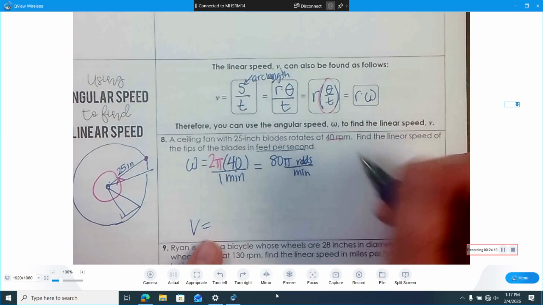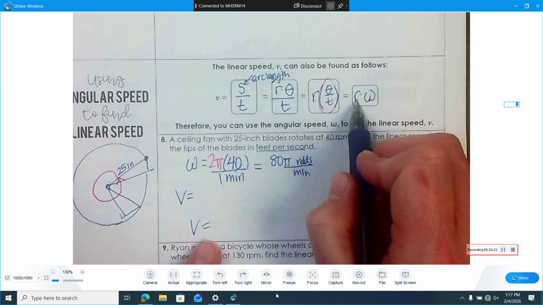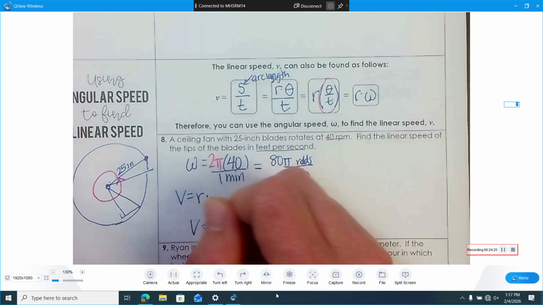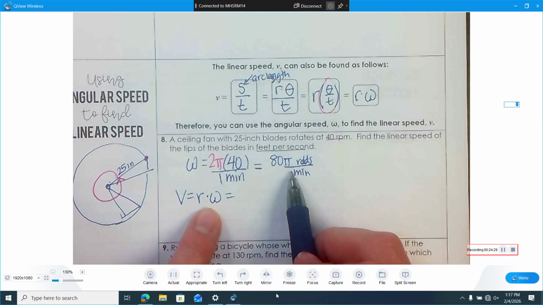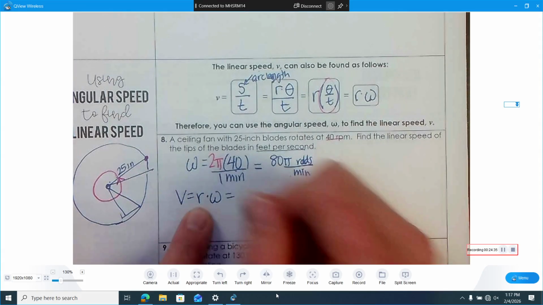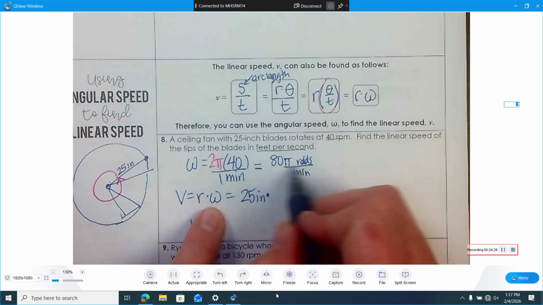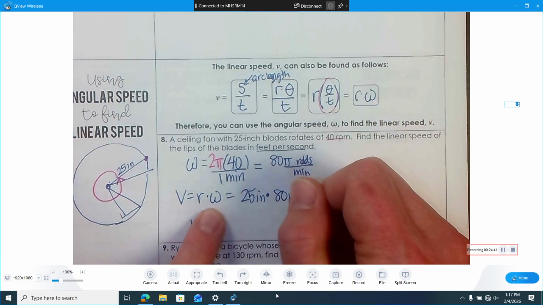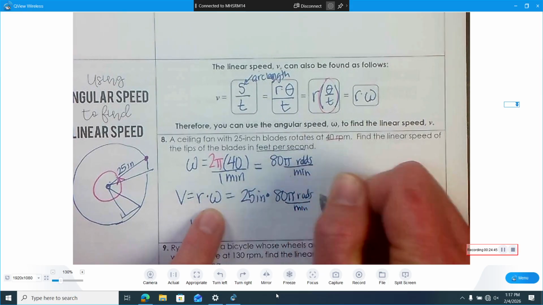Now, if I want velocity, velocity is just radius times omega. Radius times our angular speed. What's our radius here? 25 inches. And our angular speed was 80 pi radians per minute.